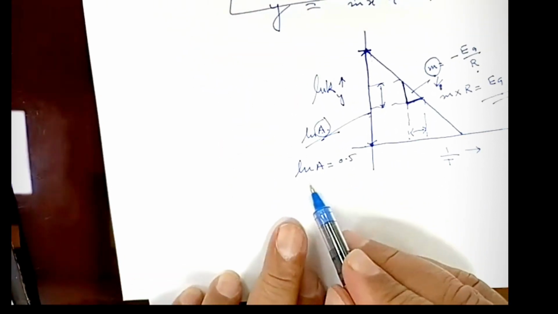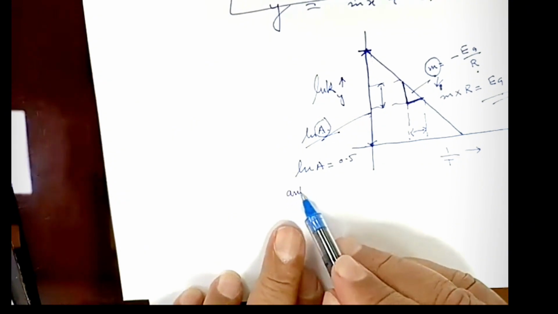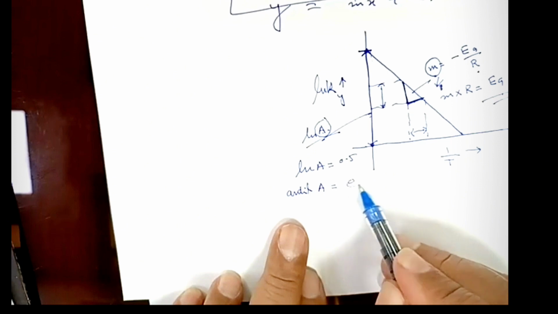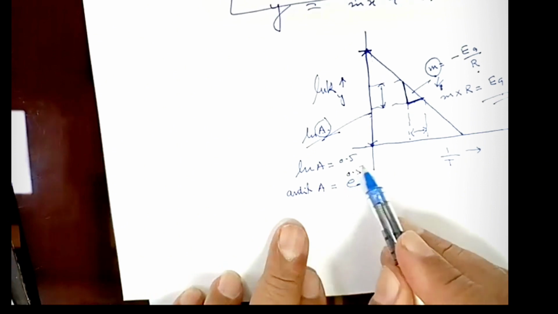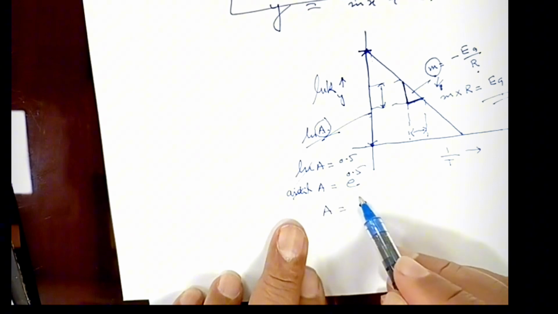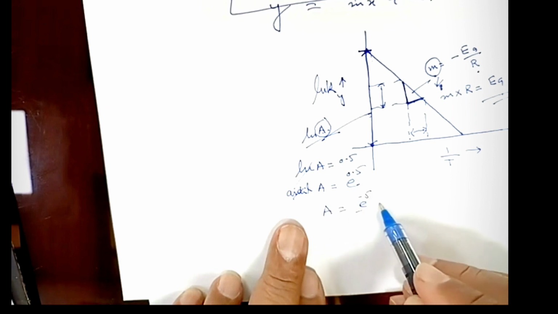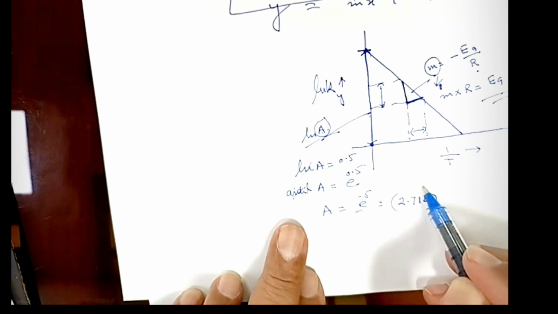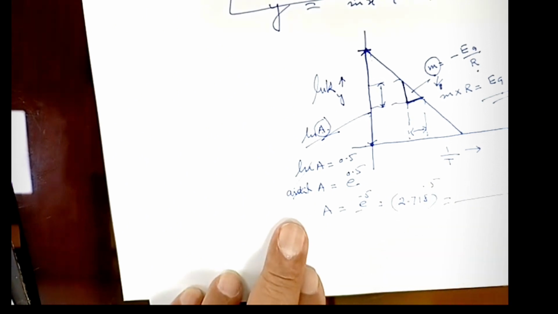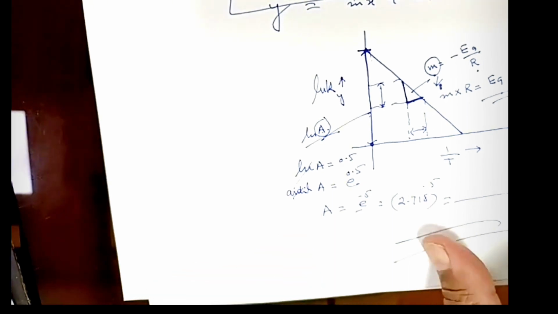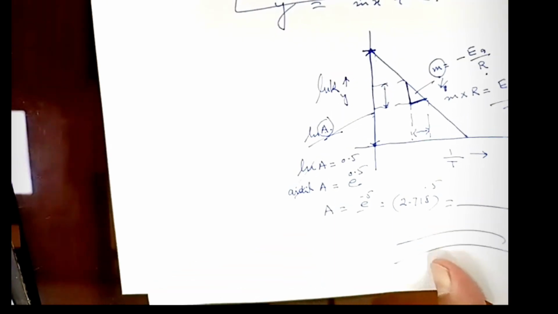Then take its antilog. The antilog of log A is A equal to e raised to the power 0.5. e is 2.718, and with power 0.5 you can easily calculate this, and it will be equal to the entropy function which is involved in the reaction rate.